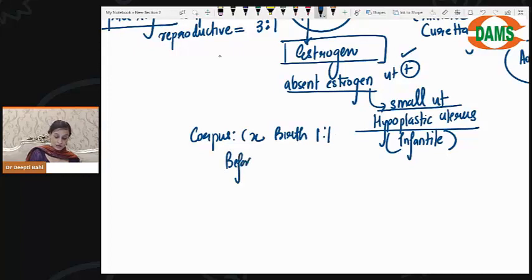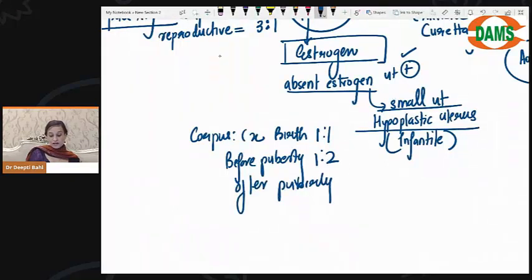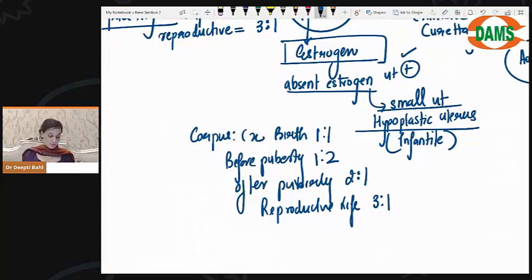Okay, before puberty 1:2. After puberty the ratio reverses, it becomes 2:1, and throughout the reproductive life it is going to be 3:1. So just for people who missed it, I have written it again.